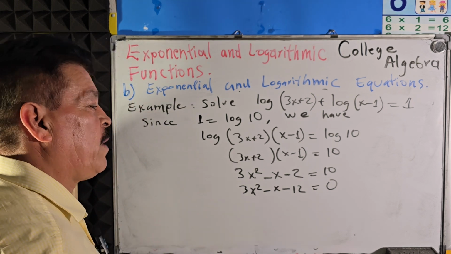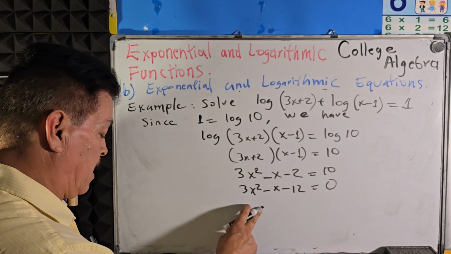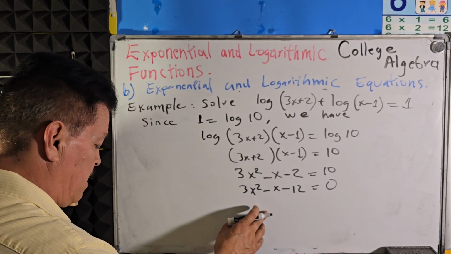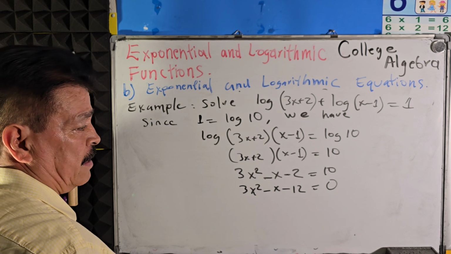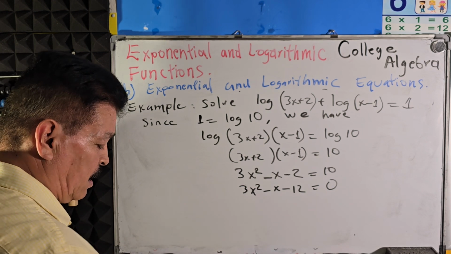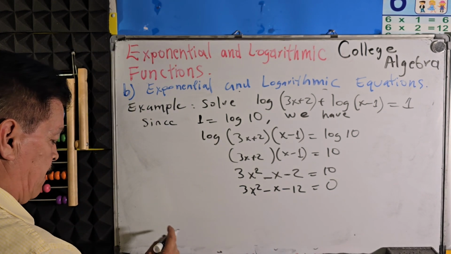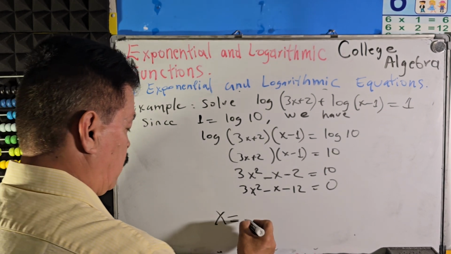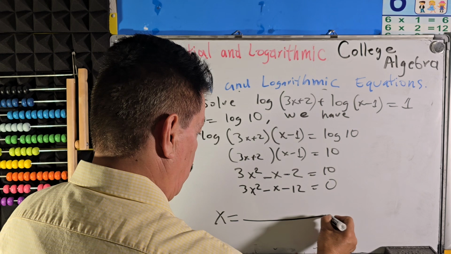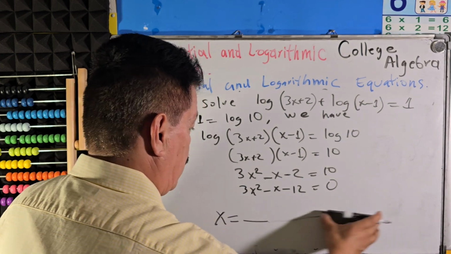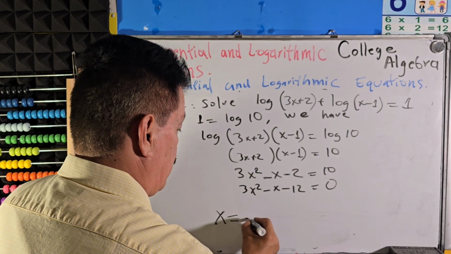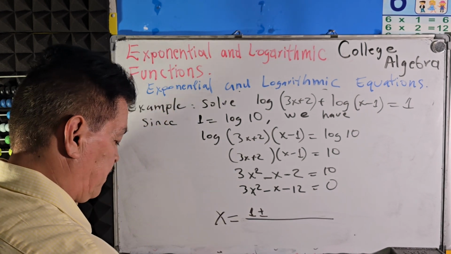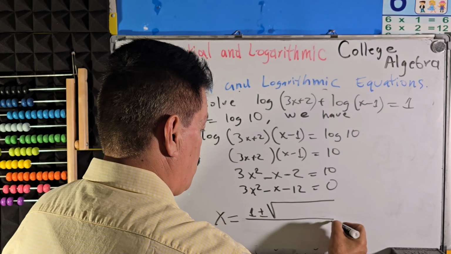So now we have a quadratic equation right here, see? So how do we solve the quadratic equation? We have to use, I will write it, x equals, remember the formula for the quadratic equation? Just write 1 plus minus the square root.